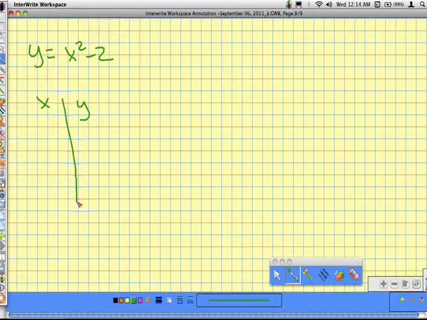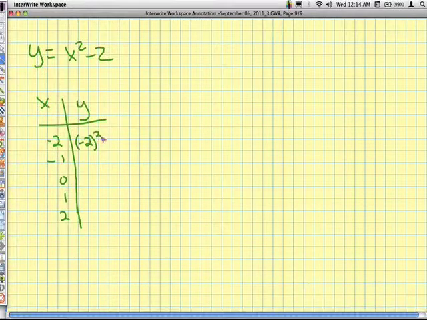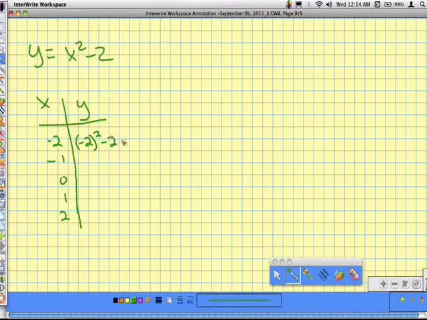Let's go negative 2, negative 1, 0, 1, and 2. So again, if I plug negative 2 in, and again be careful of the signs, negative 2 squared minus 2, negative 1 squared minus 2, 0 squared minus 2, 1 squared minus 2, and 2 squared minus 2.